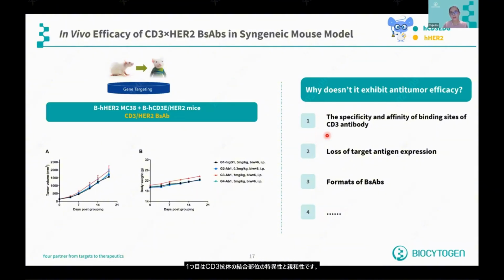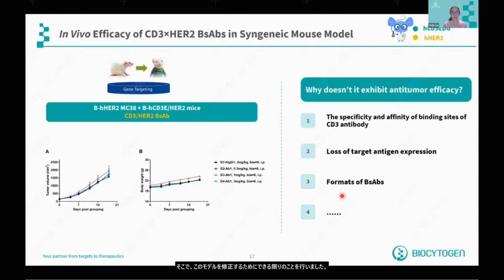One is the specificity and affinity of the binding sites of the CD3 antibody. The second may be the loss of target antigen expression after the inoculation of the tumor or after the treatment. And the third may be the format of the bispecific antibody.